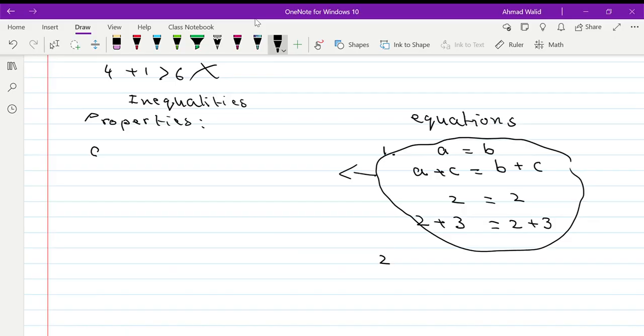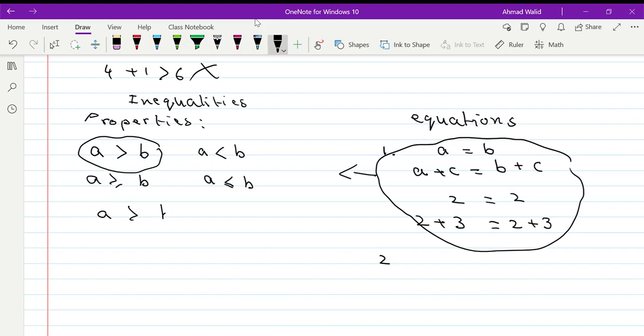If I have a number A greater than B or A less than B, any of those 4 signs, or A greater equal B or A less than equal B, I'll just use one of them, maybe this one, A greater than B. If I want to add a number on the right side, I have to add the same number on the left side to have the same condition, correct?